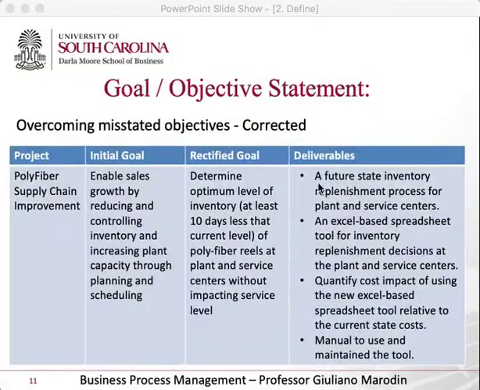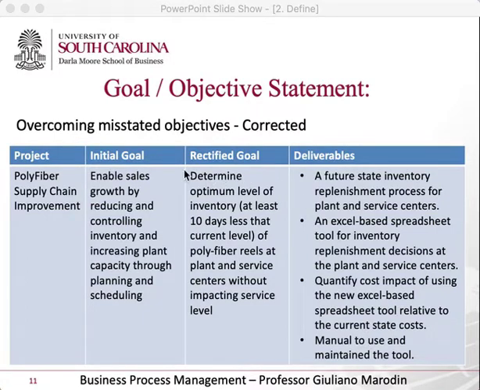The X variable is the production planning process, or inventory replenishment process, for plant service level. Provide an Excel spreadsheet for inventory decisions at plant and service centers. Quantify the impact of that new spreadsheet tool, and create a manual so they are able to maintain and update it, right?